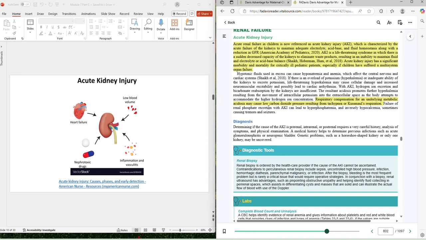Intracellularly, it does not breathe off or excrete as it should, okay?